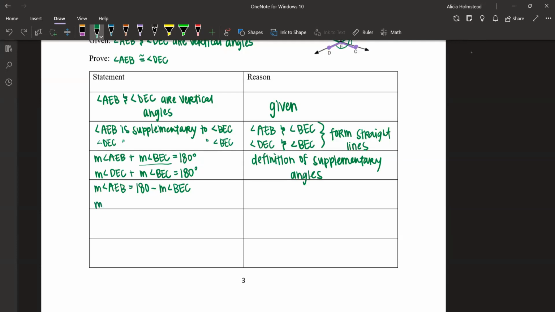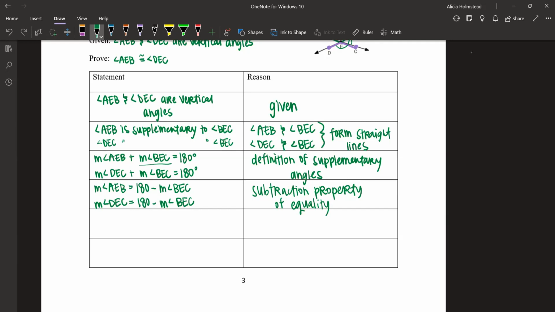We can also then say that the measure of angle DEC is equal to 180, subtract the measure of angle BEC. Okay? And we can conclude that by what's called the subtraction property of equality, which is a fancy way to say that we can use subtraction in these geometry equations.